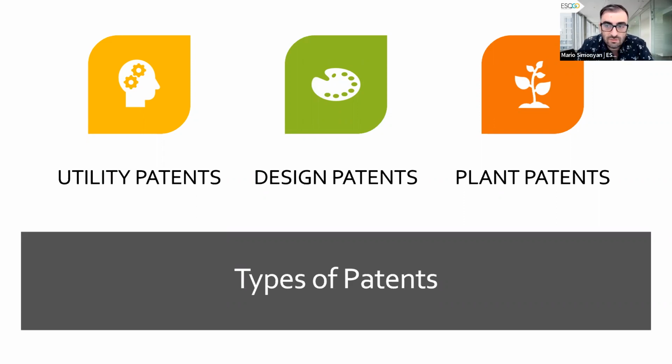The two that we're really going to focus on are utility patents and design patents. Utility patents protect anything functional, anything that requires some sort of mechanism or has some functionality or utility to it. Design patents protect the ornamental look of the product. Okay, so those are the two that we're going to focus on.